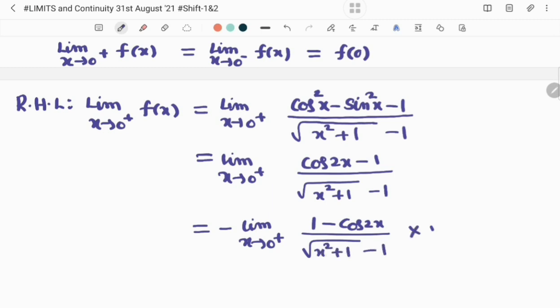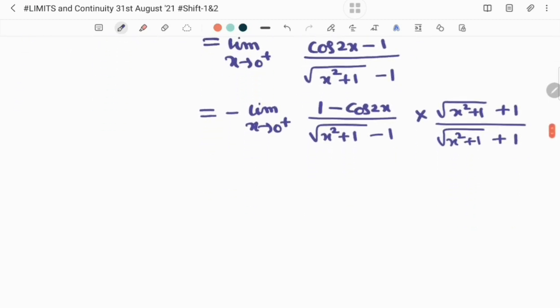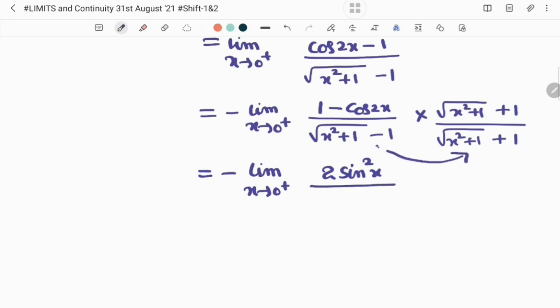Here we are going to rationalize with respect to the denominator, multiplying and dividing by root over x square plus 1 plus 1. So minus limit x tends to 0 plus, 1 minus cos 2x is 2 sin square x, divided by, in the denominator, a plus b into a minus b. It is in this form.